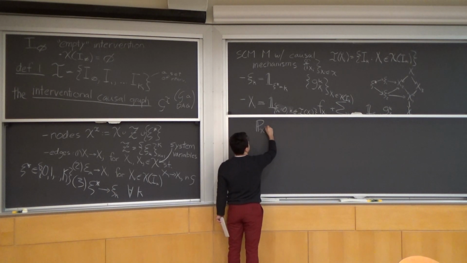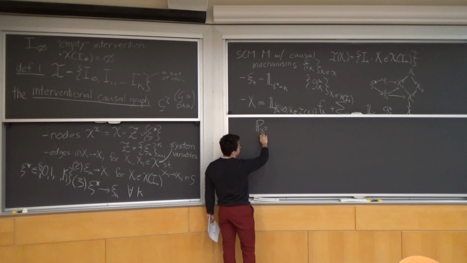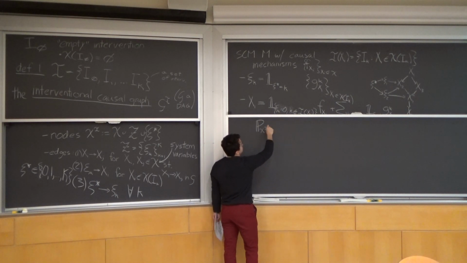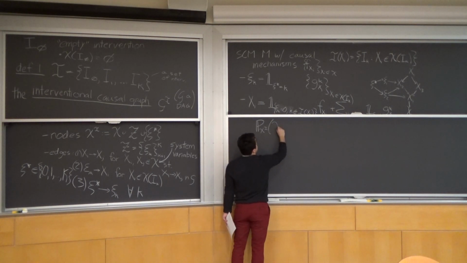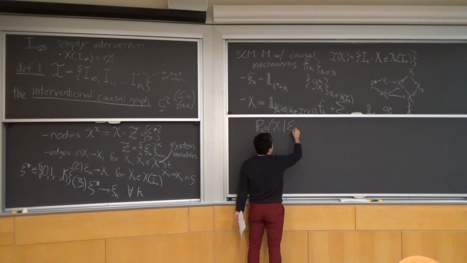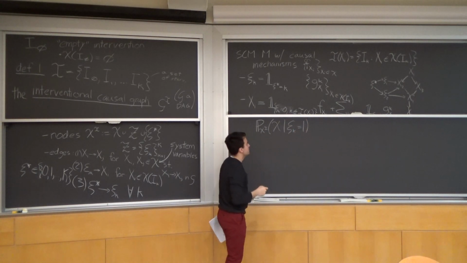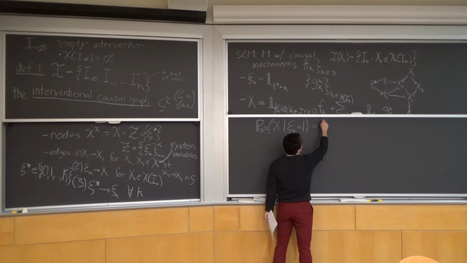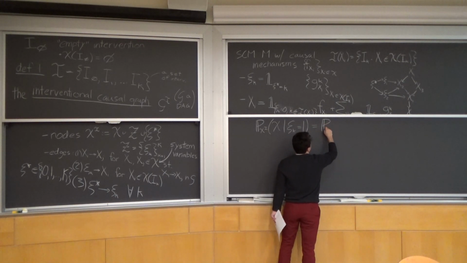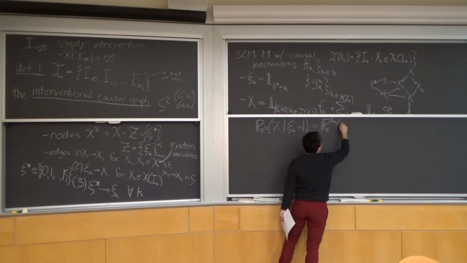So we have this full distribution over the x's and these zeta variables. If we're conditioning on one of these variables being equal to 0, that is going to be equal to the interventional distribution of this.